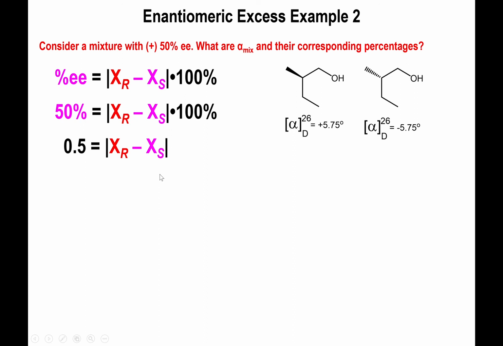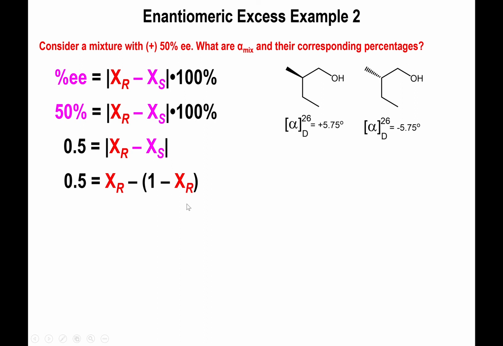And here's where we make use of the fact that adding the mole fractions together, we must have 1 as the resulting value. Therefore, the mole fraction of S can be rewritten in terms of the mole fraction of R. Specifically, the mole fraction of S simply has to be 1 minus the mole fraction of R.